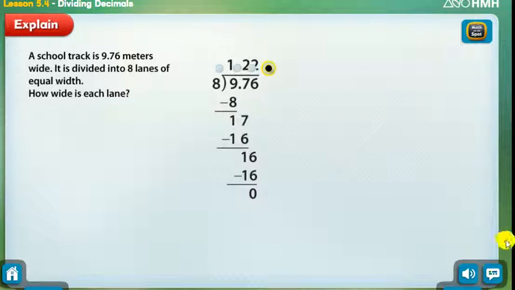Once you've divided, you can place the decimal point in the quotient. The decimal point in the quotient goes directly above the decimal point in the dividend. Drag the decimal point to the correct spot. That's right. The decimal point goes between the 1 and the 2 in the quotient.